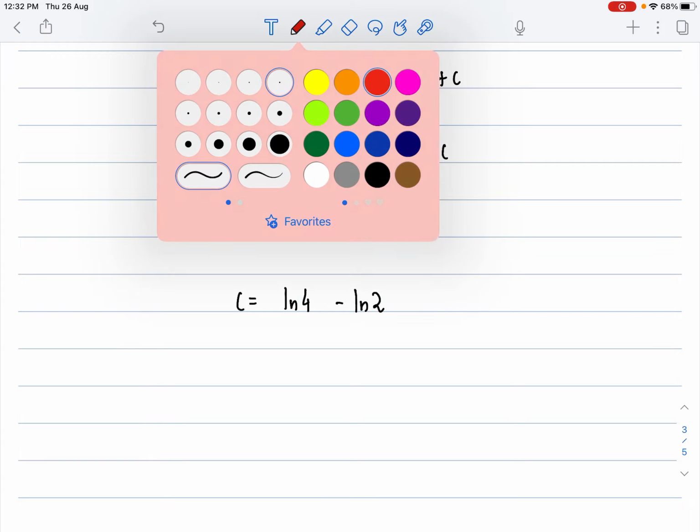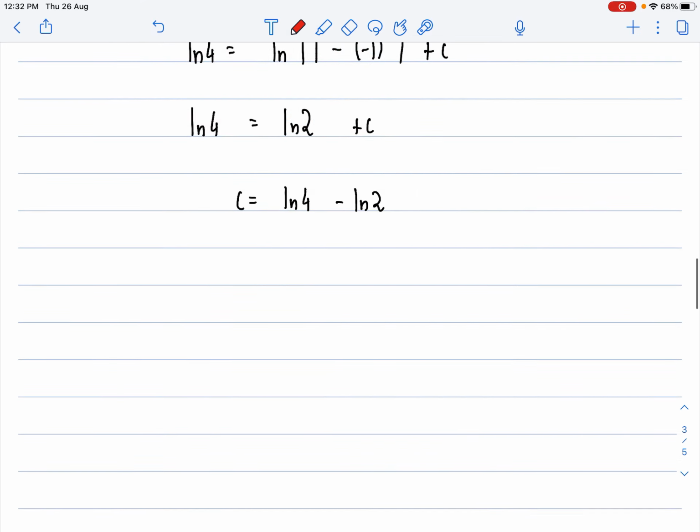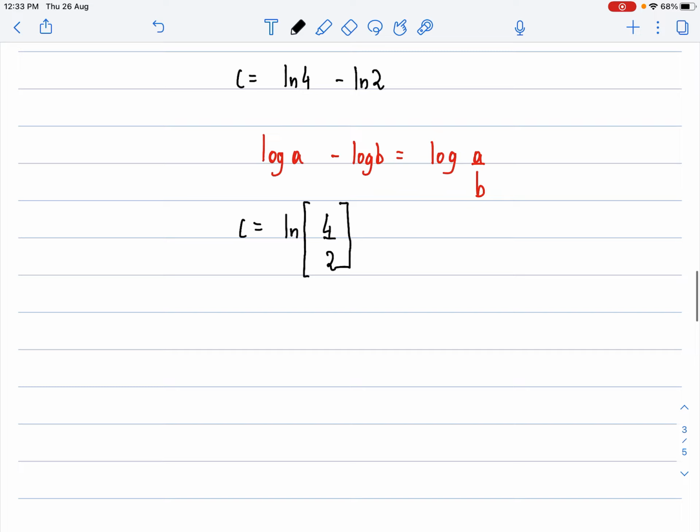And I can use the log property, which states that log a minus log b is equal to log a over b. Correct? So now I can simply write c equals ln(4 over 2), where I can write my c simply as ln 2.